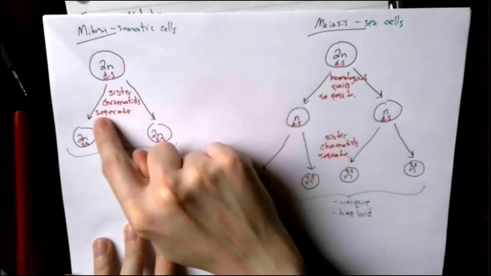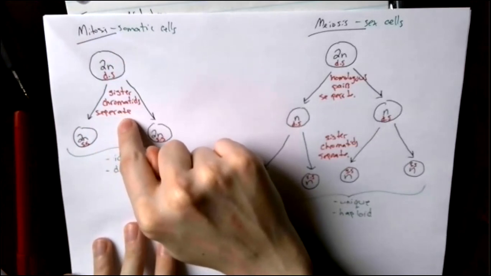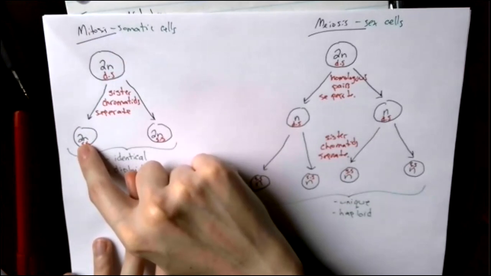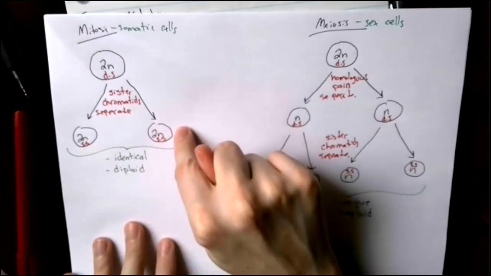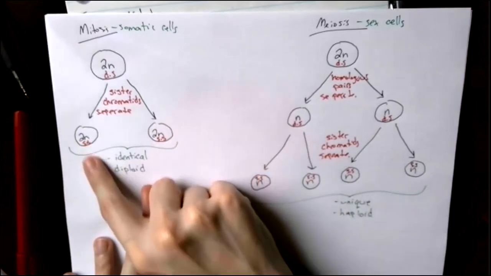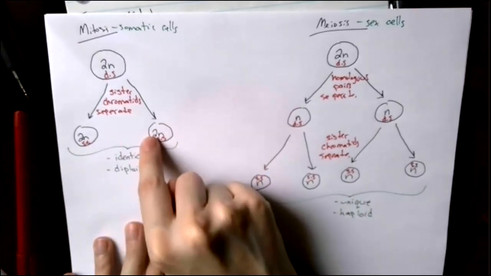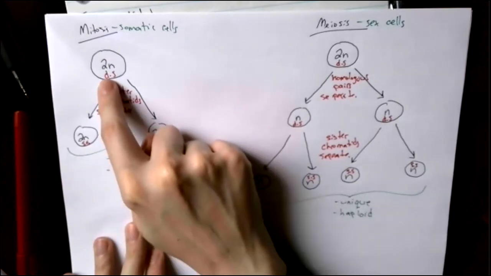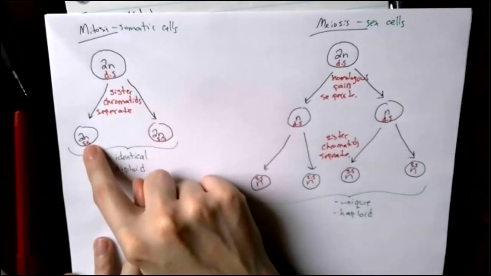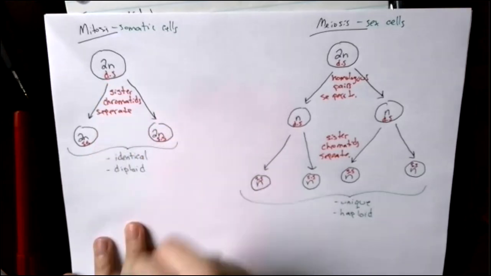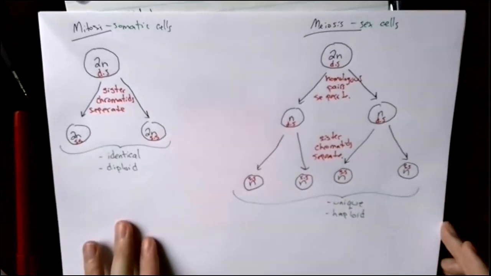Then you're going to have separation of the sister chromatids during the process of mitosis, which results in two identical daughter cells. Each one is still diploid, so still 2N, but they're now single-stranded. So we started diploid, we ended diploid, we just went from double-stranded to single-stranded when we separated the sister chromatids.